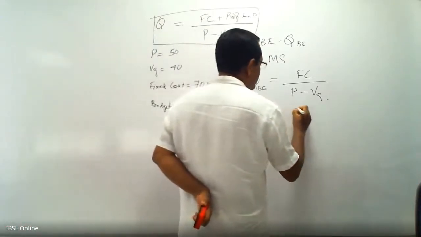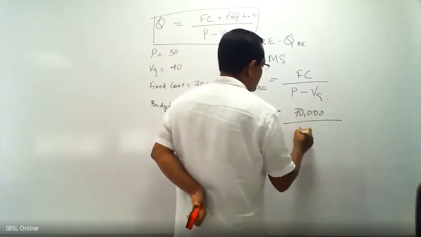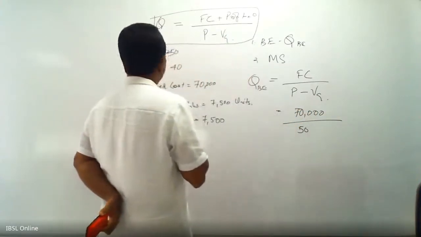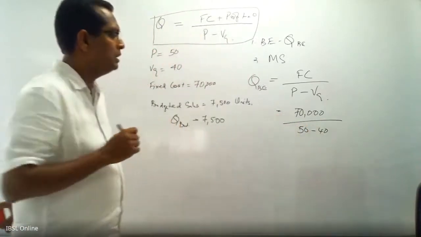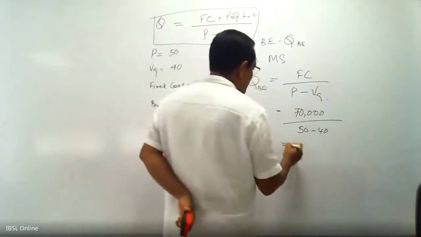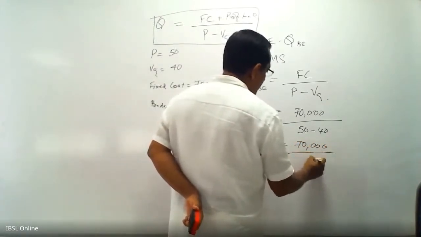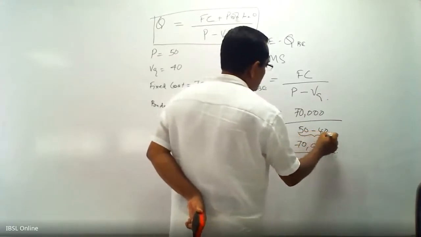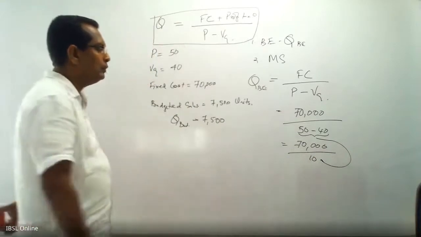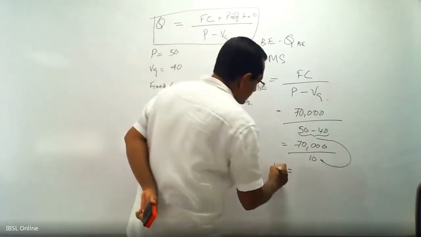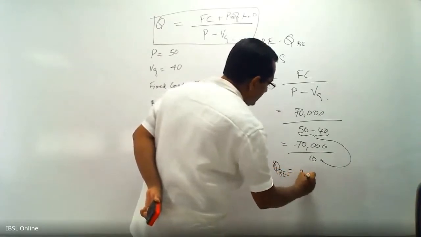So fixed cost is 70,000, price is 50, then 40 is our variable cost per unit. So your contribution would be 70,000 divided by 10. 10 is the contribution. Right? So your break-even point QBE equals 7,000.